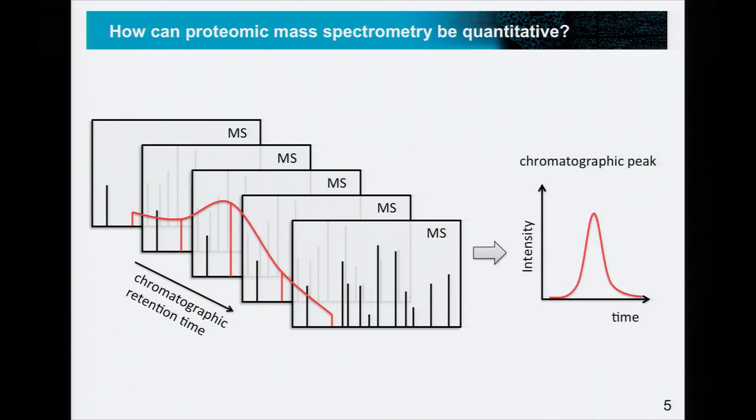And the intensity of this chromatographic trace is actually scaling linearly with the abundance of this particular peptide in the sample. What people usually work with here is either the intensity, the height of this chromatographic trace, for quantification, or the area under the curve is the other unit that you can use for quantification.